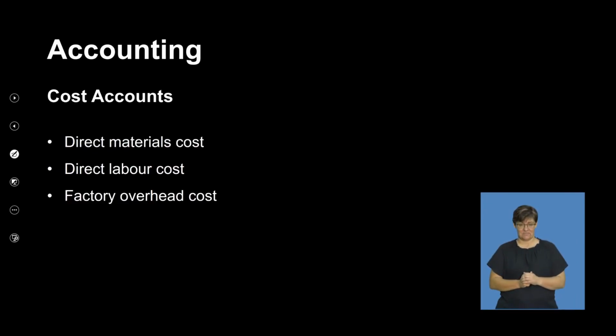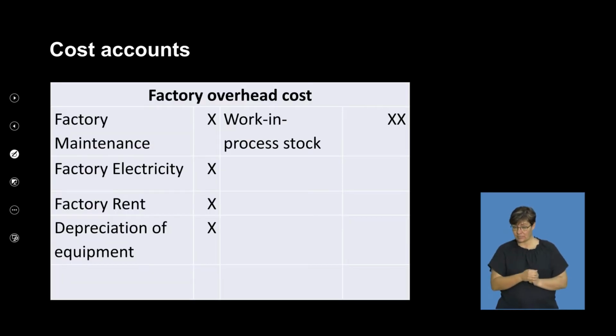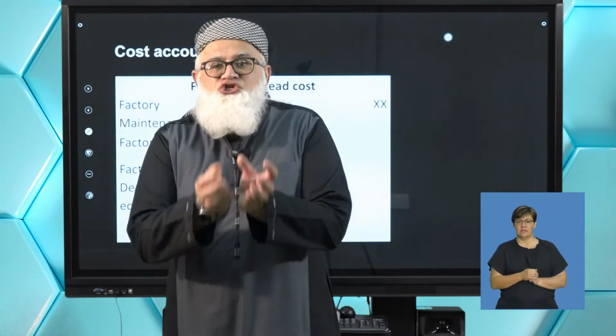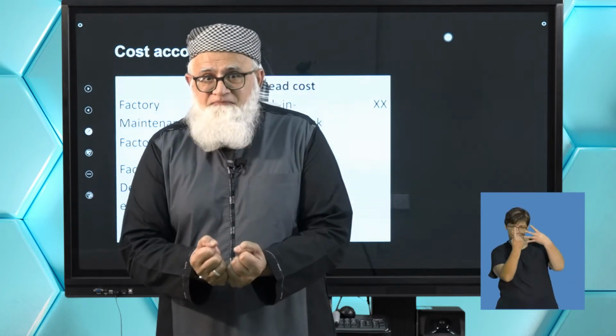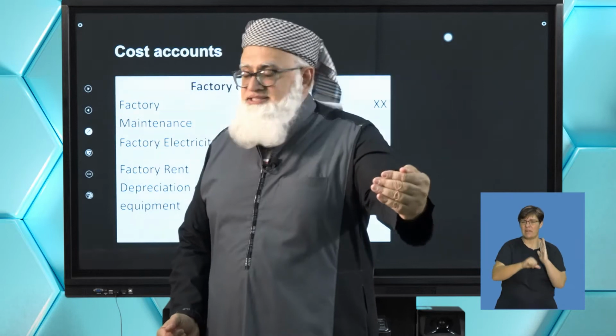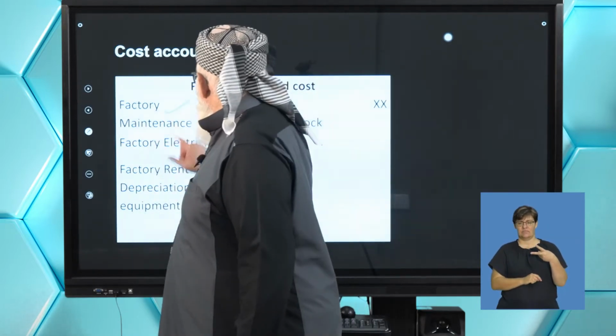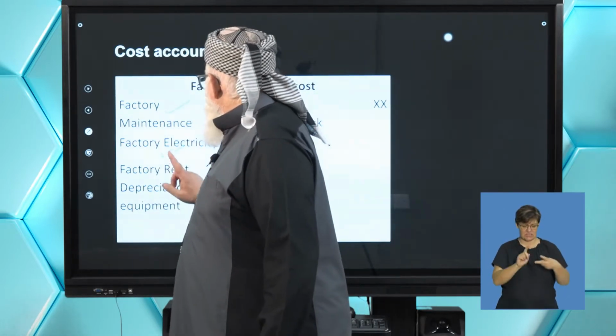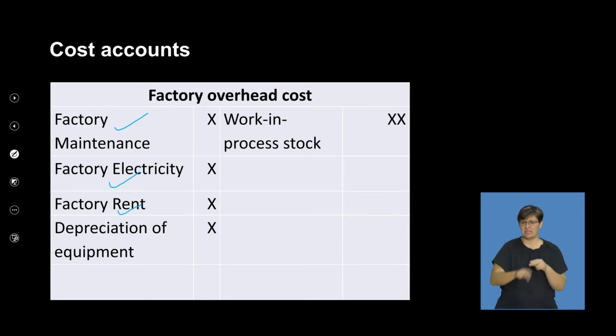Okay. The next one that we look at is the factory overhead cost component. Now here, accounting boffins, you have to take each cost component. In other words, your factory maintenance, your factory electricity, your factory rent, your depreciation of your factory equipment.